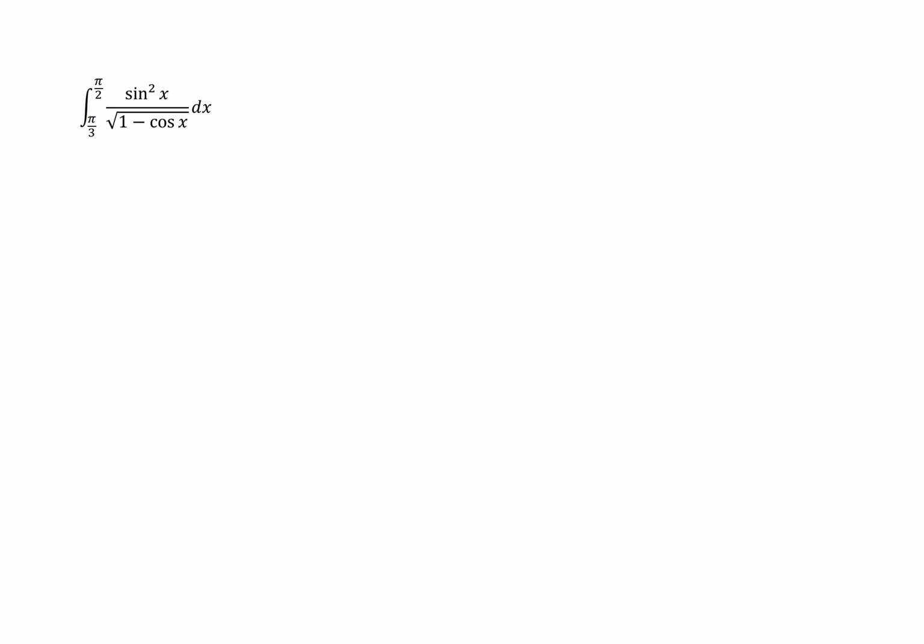The way that I'm choosing to work this problem is I'm going to make use of a couple identities. The first one says that sine x is equal to 2 sine of x over 2 cosine x over 2. It's a double angle identity.